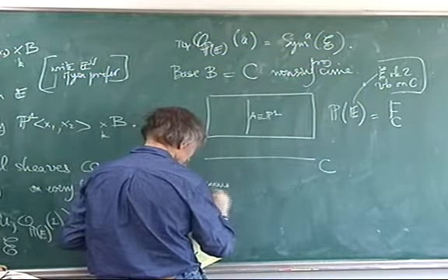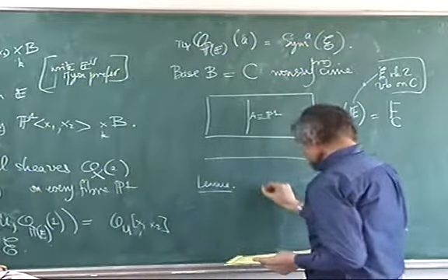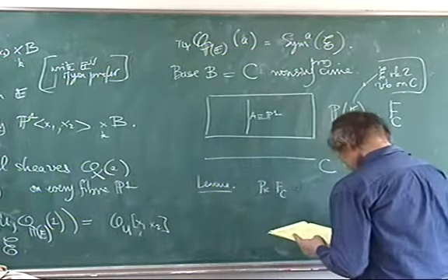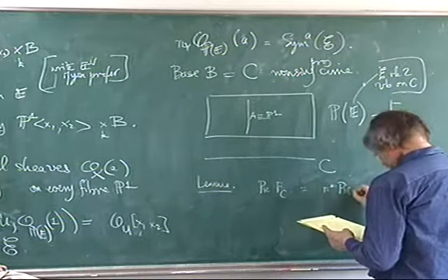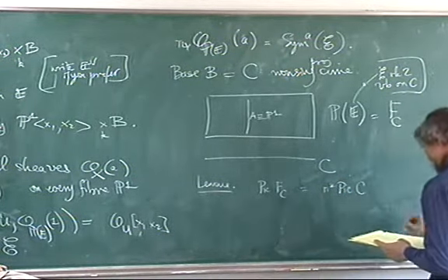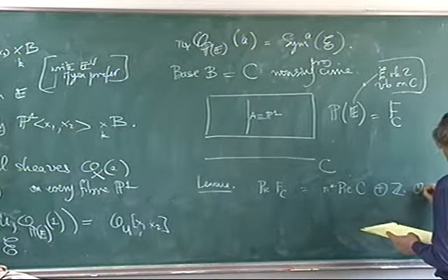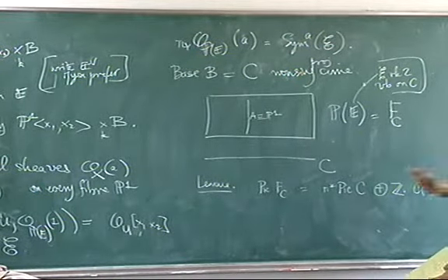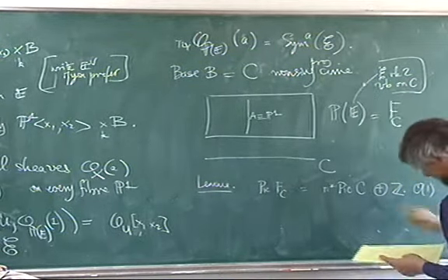I'm just assembling all the trivial things you can say about this construction. So Pic of F_C is pi lower star Pic of C direct sum Z times this O(1). This will be true for a vector bundle of higher rank as well. It's easy.